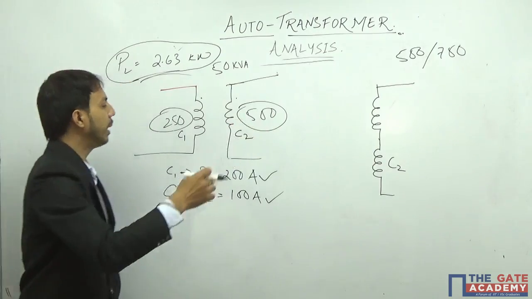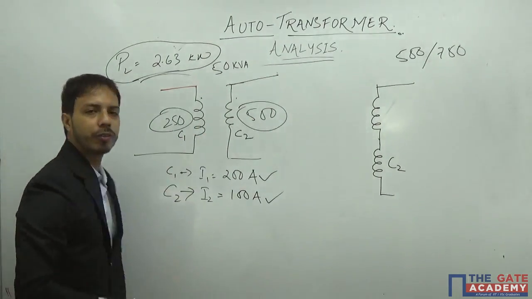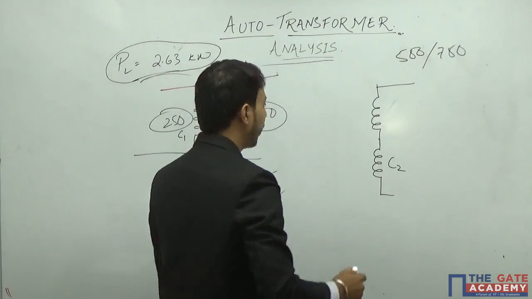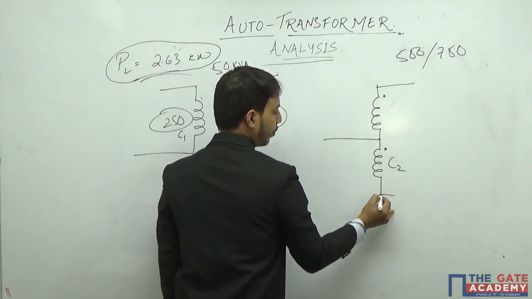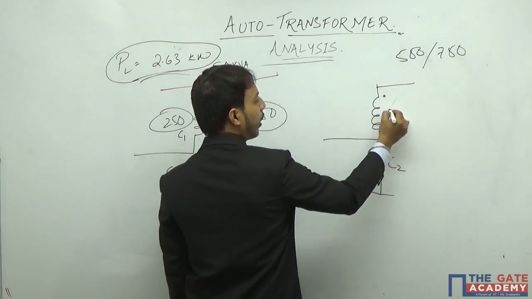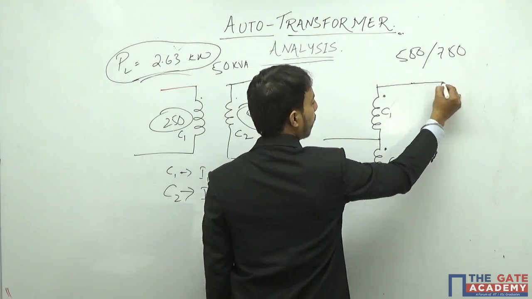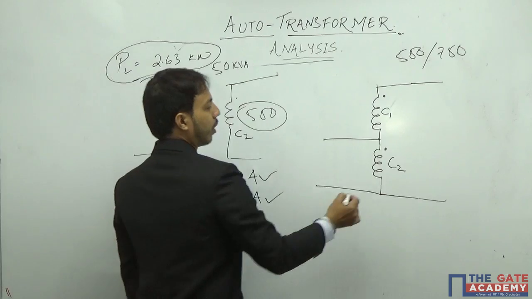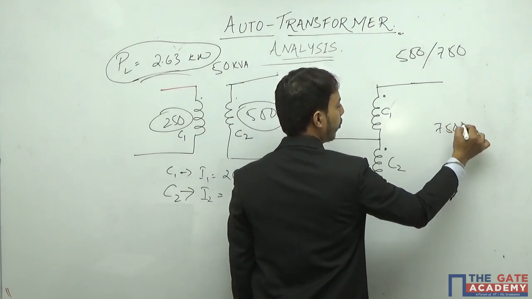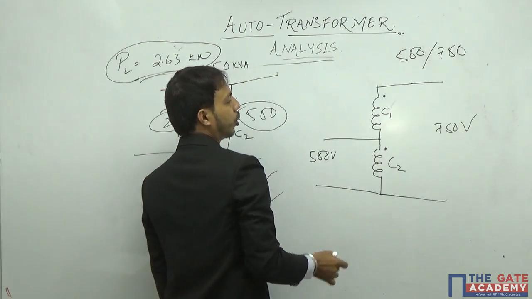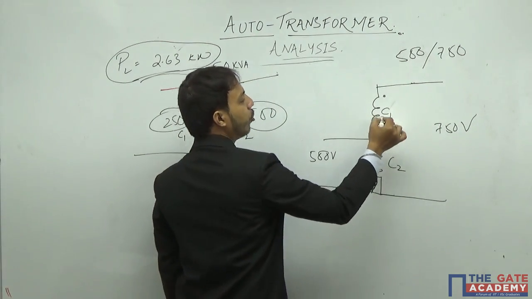So 750 means 500 plus 250, that means this is an additional polarity, so I will add this to the voltage. That means this is C2 and this is C1. Okay. Now this is 500 volt and this is 750 volt. So current in C1, I know.